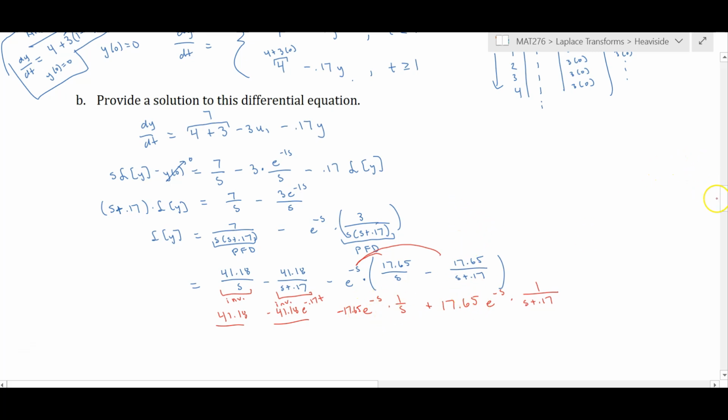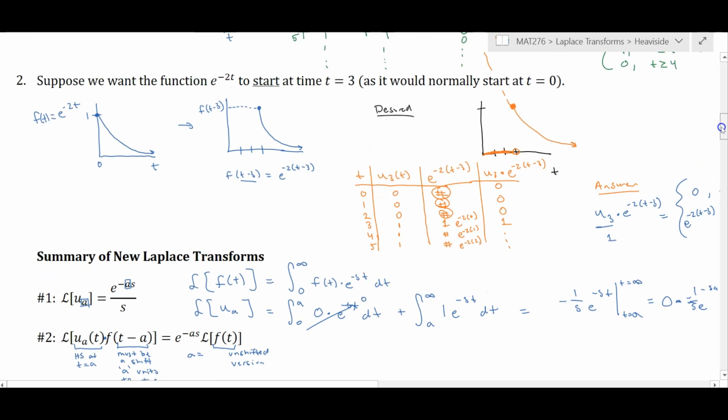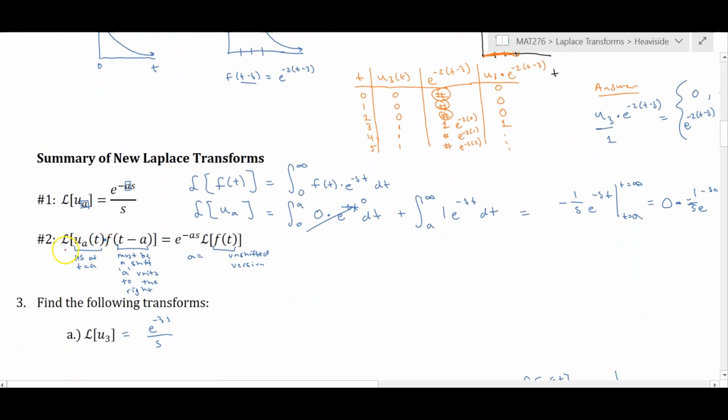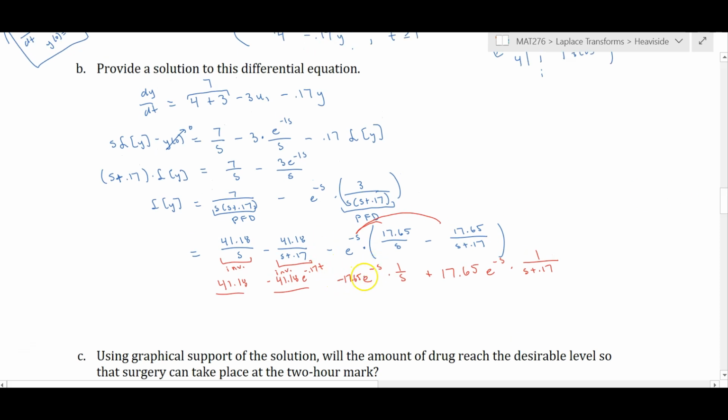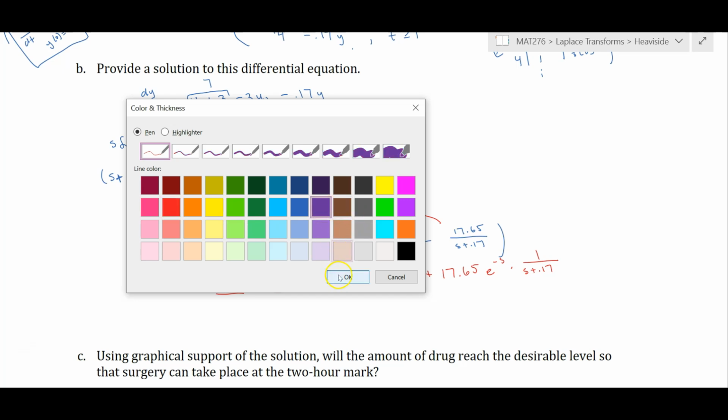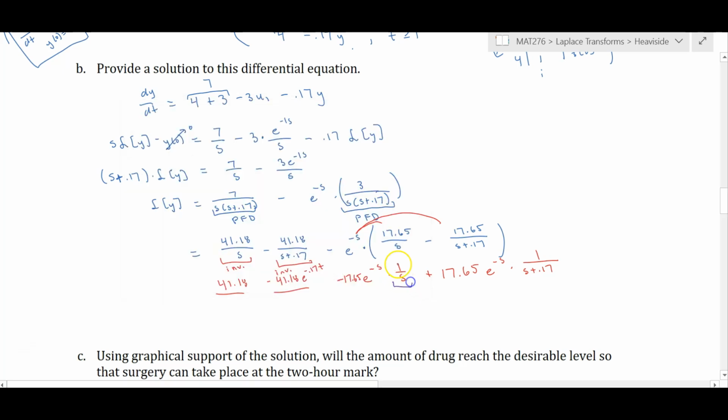This is the second Laplace transform that we have in our new transforms, where what we have is e to the negative 1s multiplied by the Laplace of some unshifted function. So because we have that e to the negative s term right here, we know that this second factor, the third factor in this multiplication sequence, is the Laplace of some function.